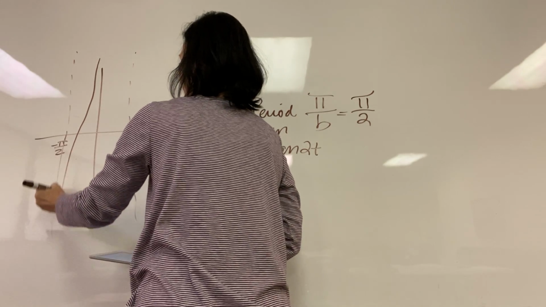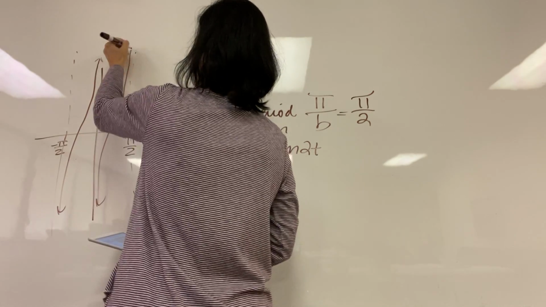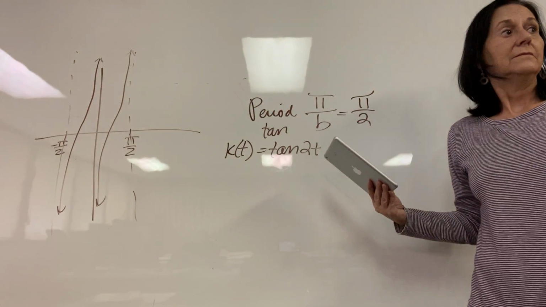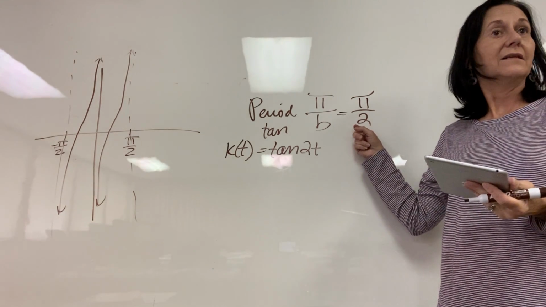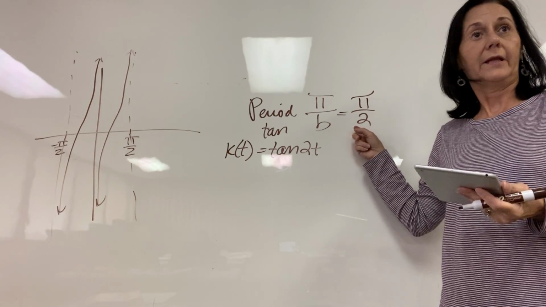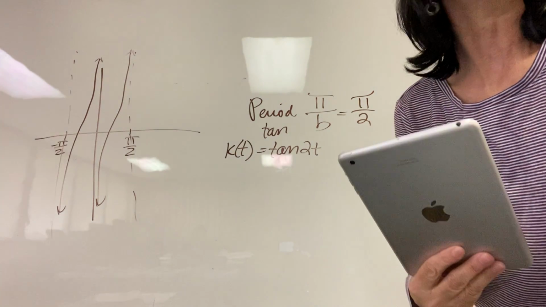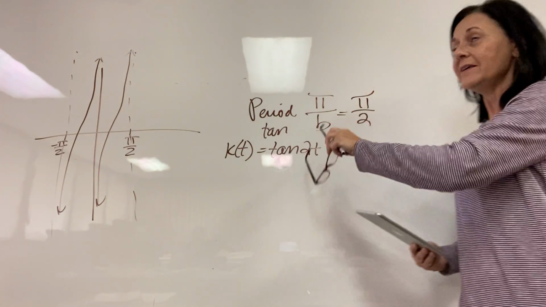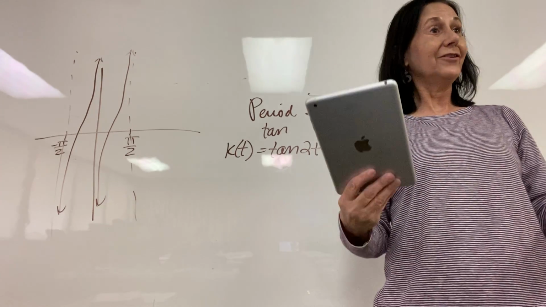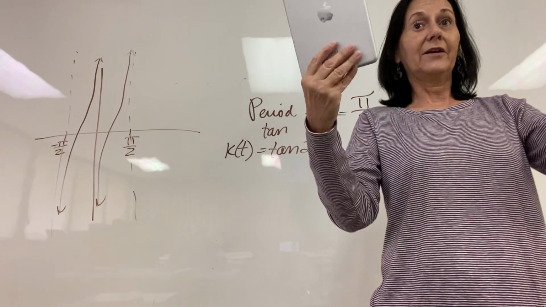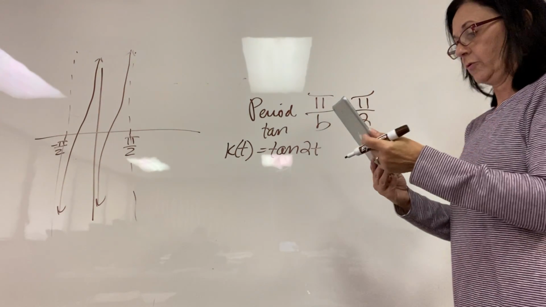So it'll complete a cycle there, and it'll complete a cycle here. 2 cycles, such that one cycle takes pi over 2 to complete. So this b value, again, tells us how many cycles in the standard period, and it also helps us calculate what the period's going to be.